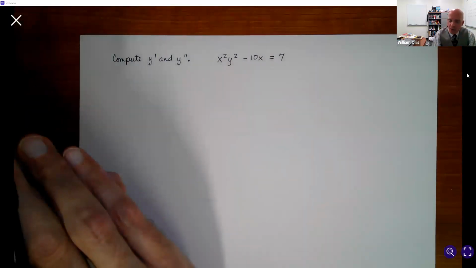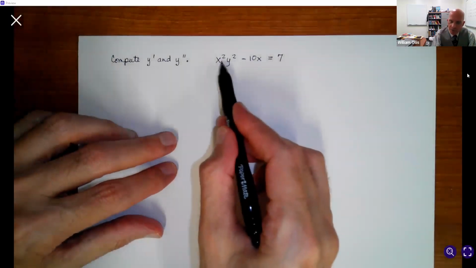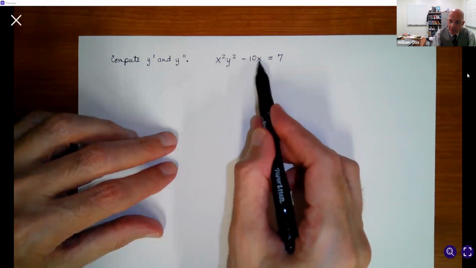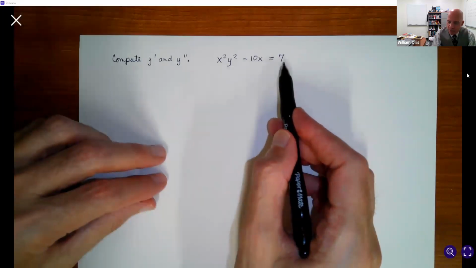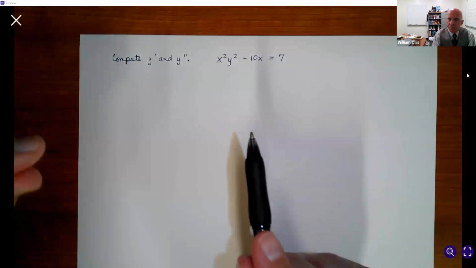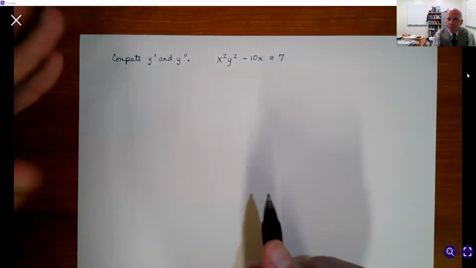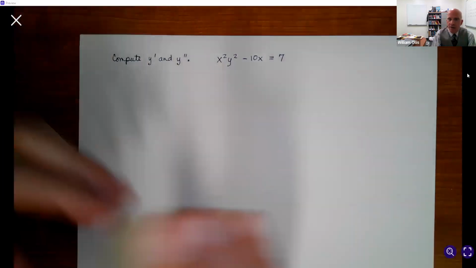And that's fine. Now notice, if we work it as this, and you could look in the notes, we'd have to apply the product rule here because we have x squared times y squared. And then, of course, 10x would be an easy derivative, just a negative 10, and then a 0. So the idea is that doesn't look too difficult. We're thinking, well, that would be a way to solve for y prime, and easy enough.